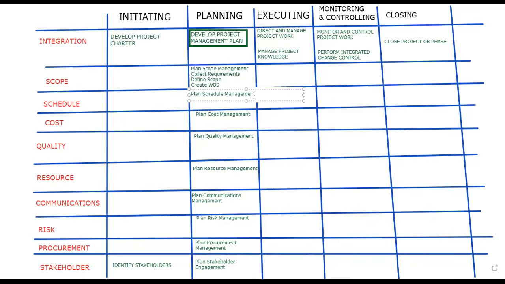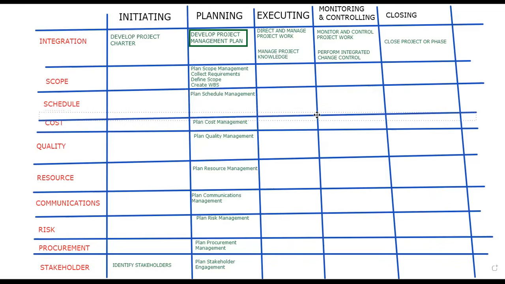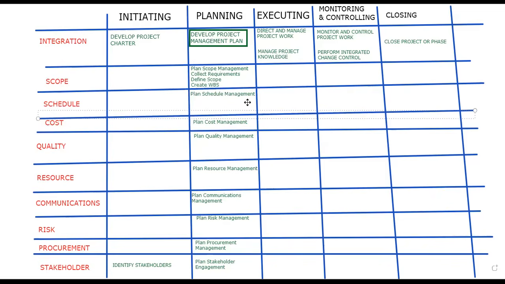And then in schedule, after you plan how to develop and how to manage the schedule, the next thing you're going to do is define the actual activities that have to be done. And you know, an activity just means task. So the itty bitty tasks that you need to do, you've got to define activities. Then you've got to sequence activities.